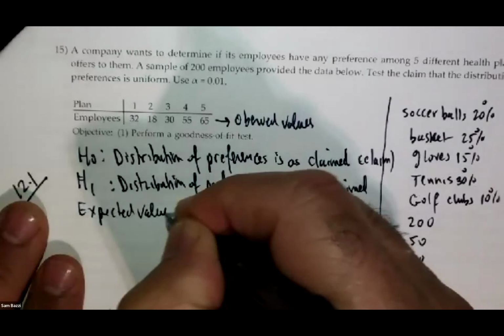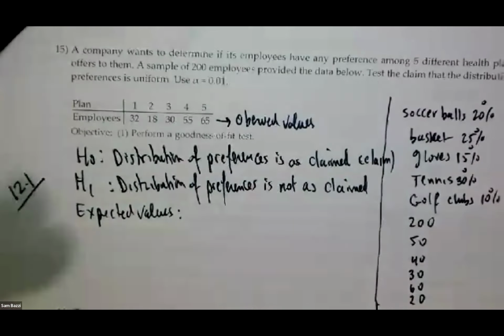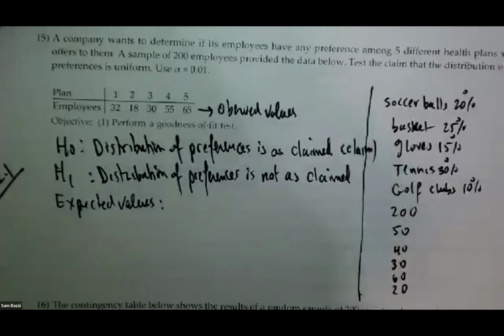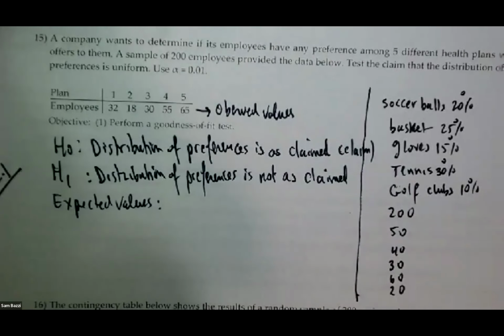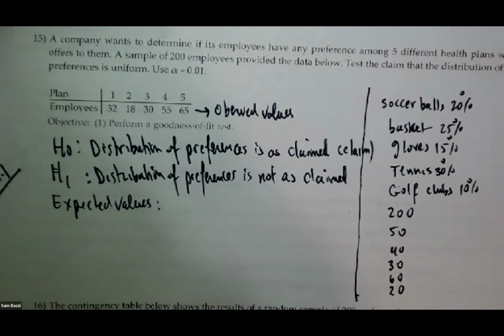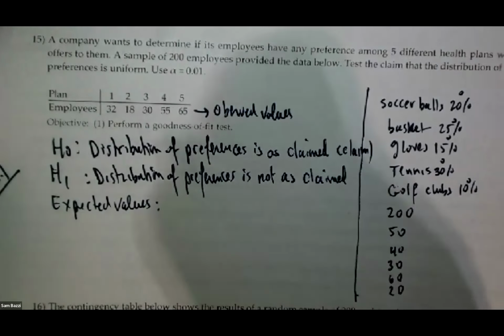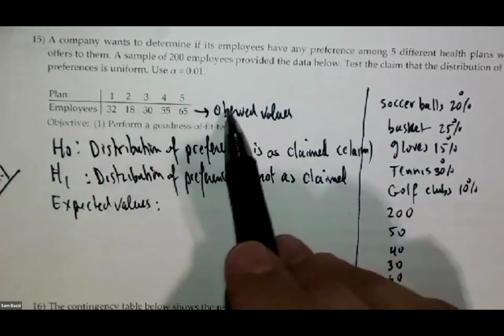Does anyone have any ideas? I explained the word uniform to you, what that means. Uniform means everybody is the same. All plans are the same. All categories are the same. So how would you figure out the expected values? For each observed value, I should have an expected value.